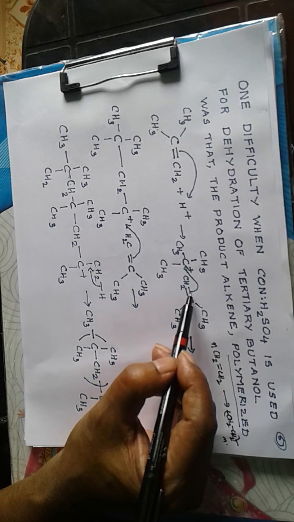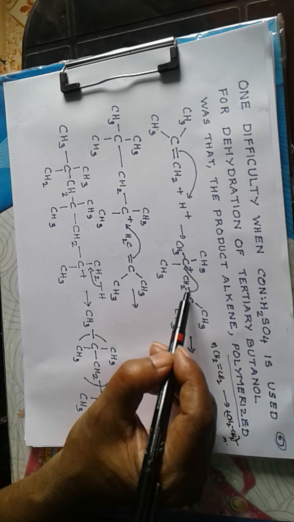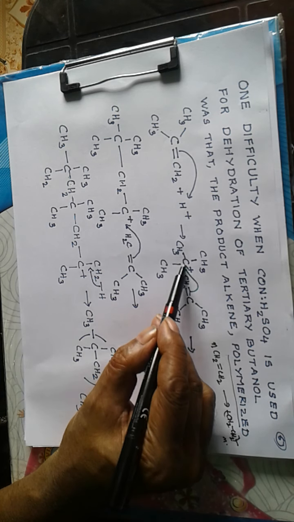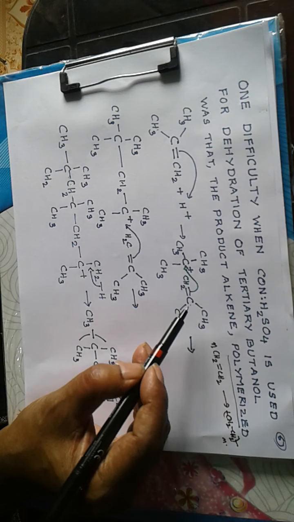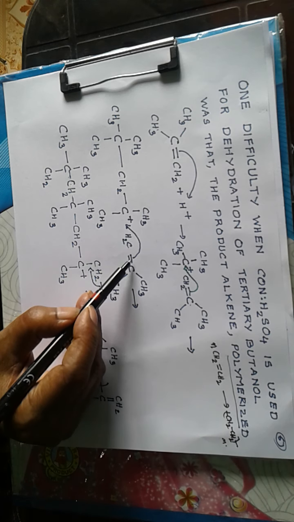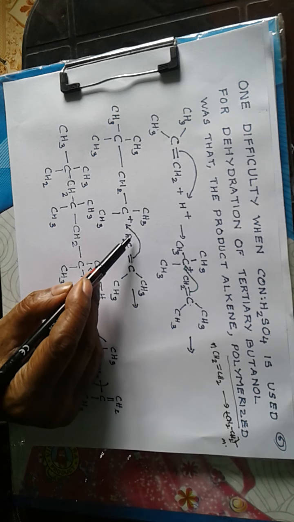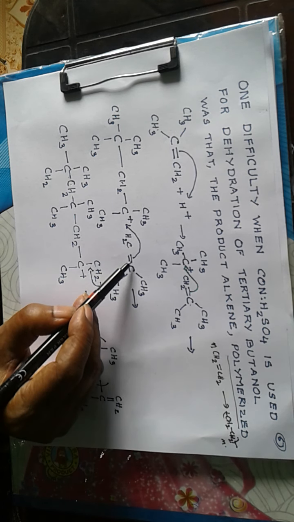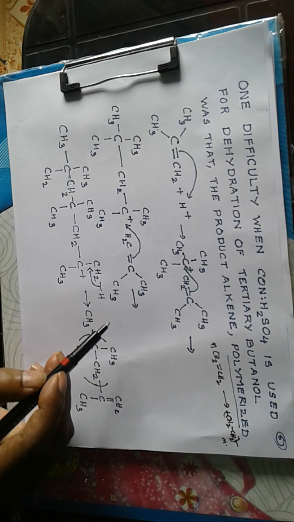Now that is attacked by another alkene molecule in this manner, so that this pi bond will be moving in between these two carbons, and we get a positive charge over this carbon, that is this structure. Now again another alkene molecule will combine with this positive carbon through this pi bond, so that these two carbons are joined and we get a positive charge here.